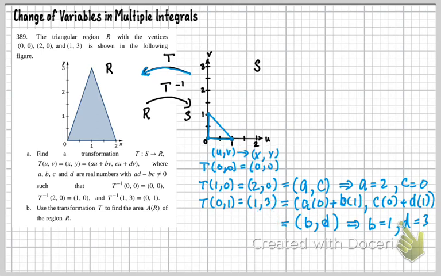All right, so now we have all of our letters for the transformation T, because we have A, B, C, and D. And we're going to use that information to find T from S to R. T(U, V) would equal my (X, Y), which equals (2U + V, 3V).